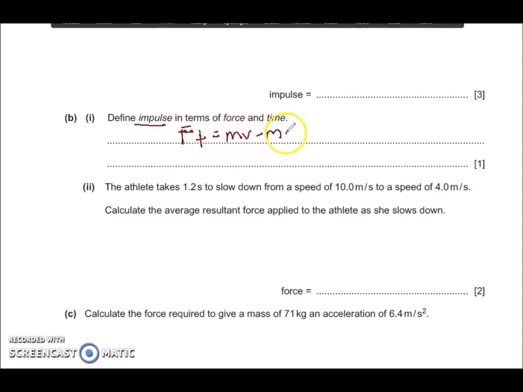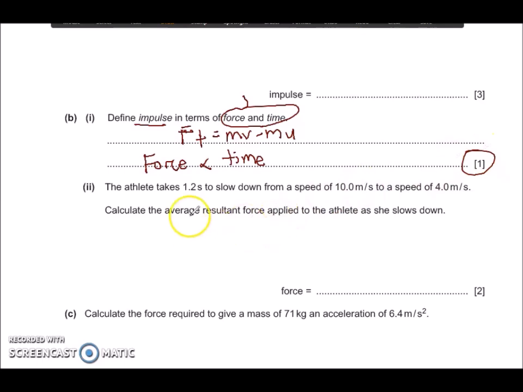So you can write it in terms of force and time. Impulse is force multiplied with time. That's your answer. This is just a very straightforward answer, so it's 1 mark over here.